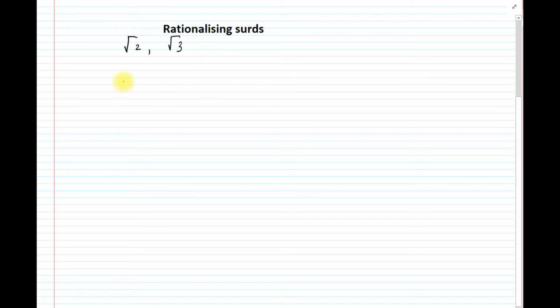The way it's done is that we take the square root and we square it, i.e. we multiply it by itself. Square root of 2, when squared, becomes 2. Square root of 3 when squared becomes 3.